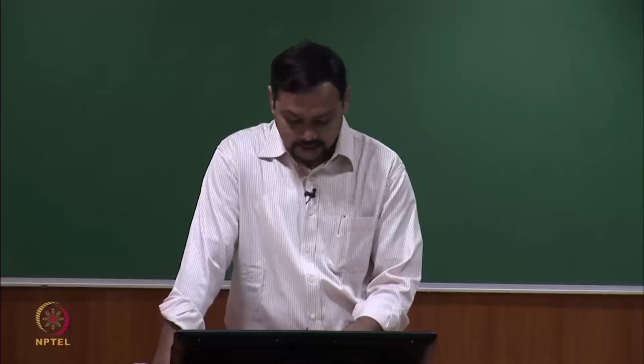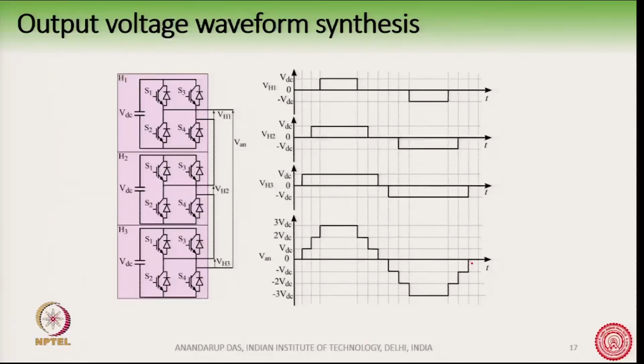If you observe this VAN waveform, we see that the peak to peak magnitude of VAN is 3 times the peak to peak magnitude of VH1. So, it is like 3 VDC to minus 3 VDC, whereas VH1 is VDC to minus VDC.